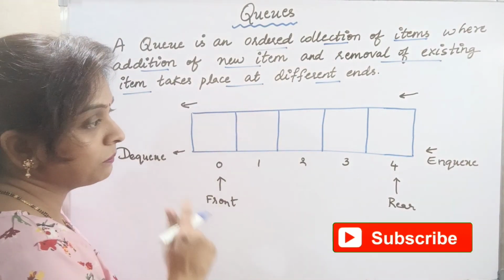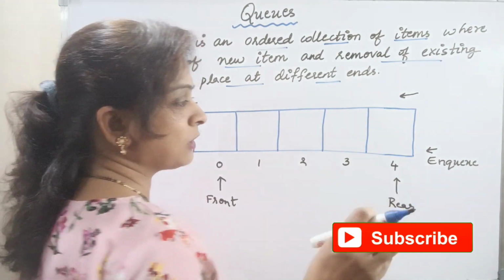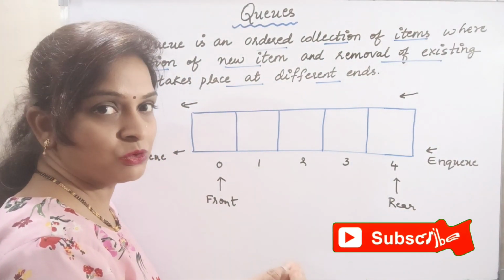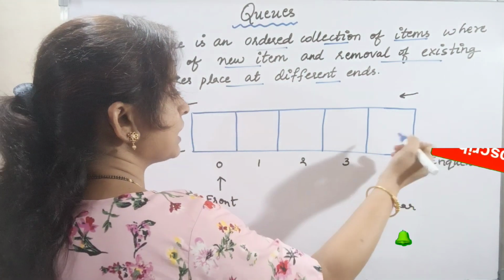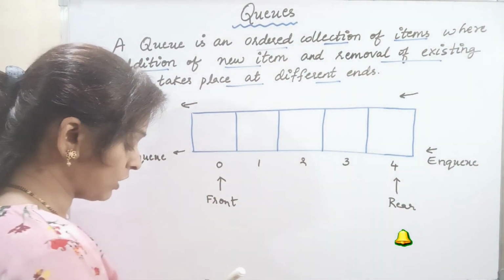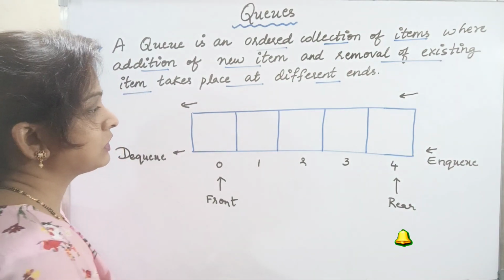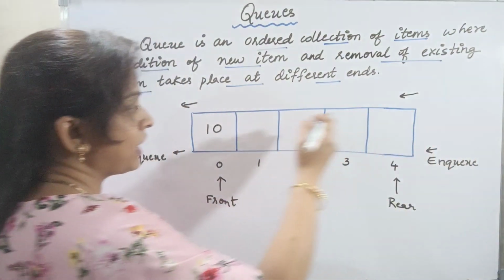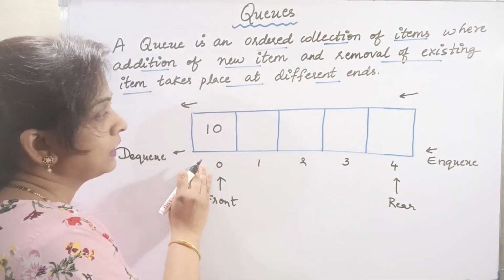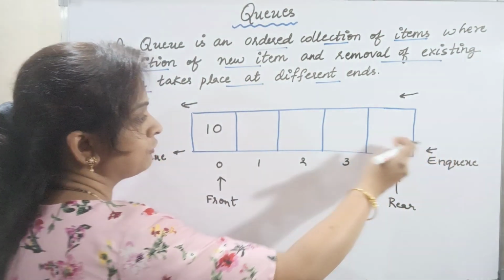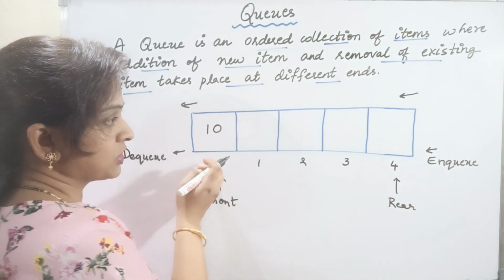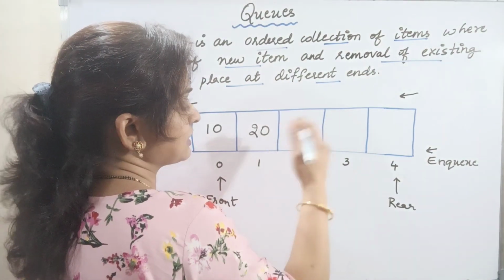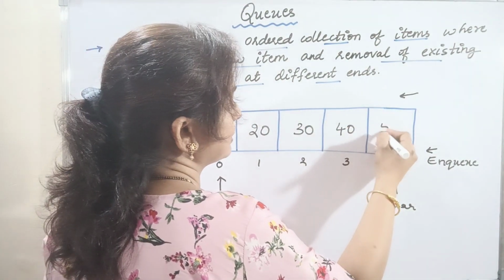For example, let me talk about some input values that we are going to put. I am going to store 10 into the queue. So 10 will be inserted first, entered from the rear end, and it will come to the front position. Then once again I will say 20, next 30, next 40, then 50.